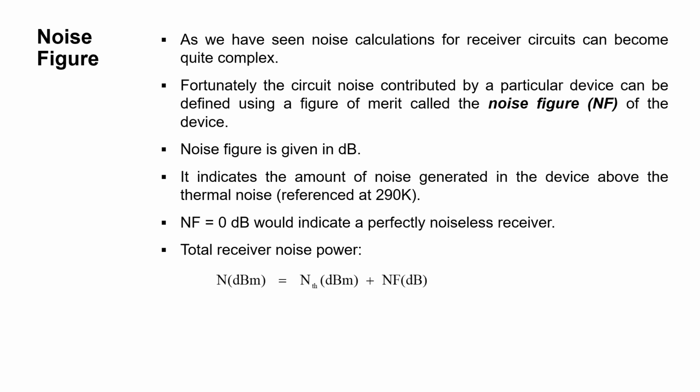Total received noise power, N in dB, is actually the addition of N thermal in dBm at a given temperature plus the noise figure. NF is the total system noise figure.